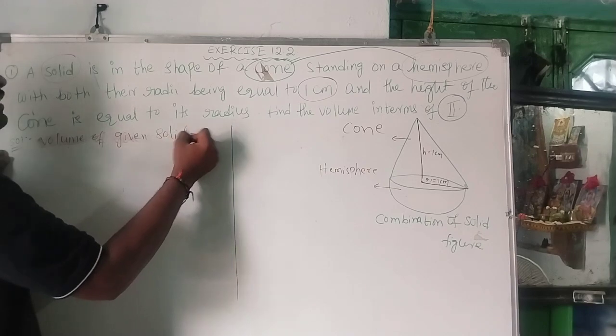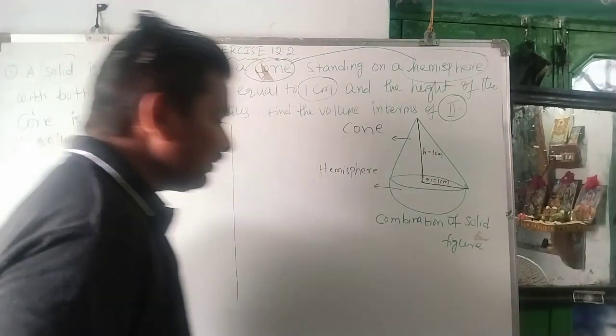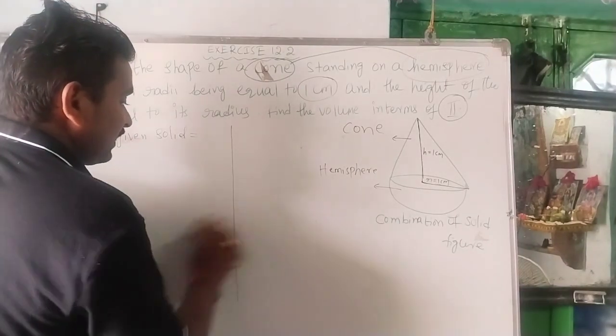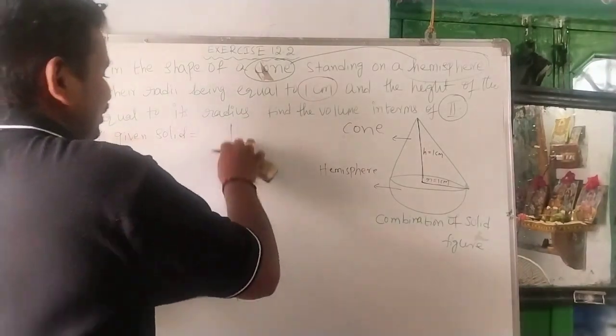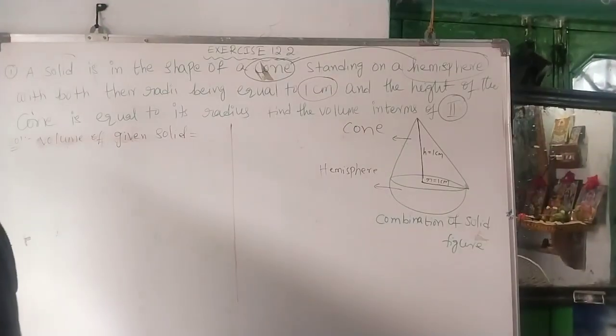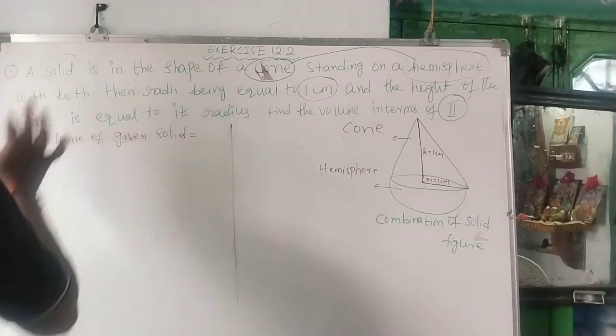Volume of the given solid is equal to... there are two figures involved in the given solid, right?